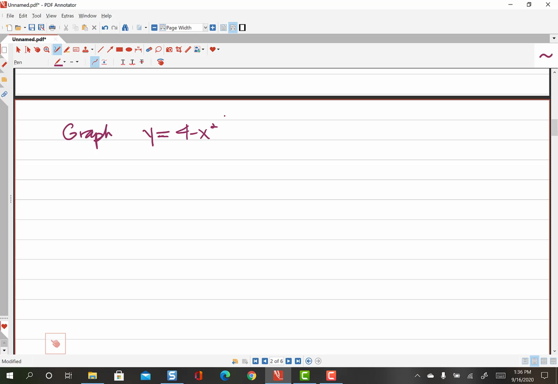So again, I'm going to make another little table here. We're going to pick some x values, calculate the y values, and generate a bunch of xy pairs. And let's see if I can make this a little bit longer. There we go.